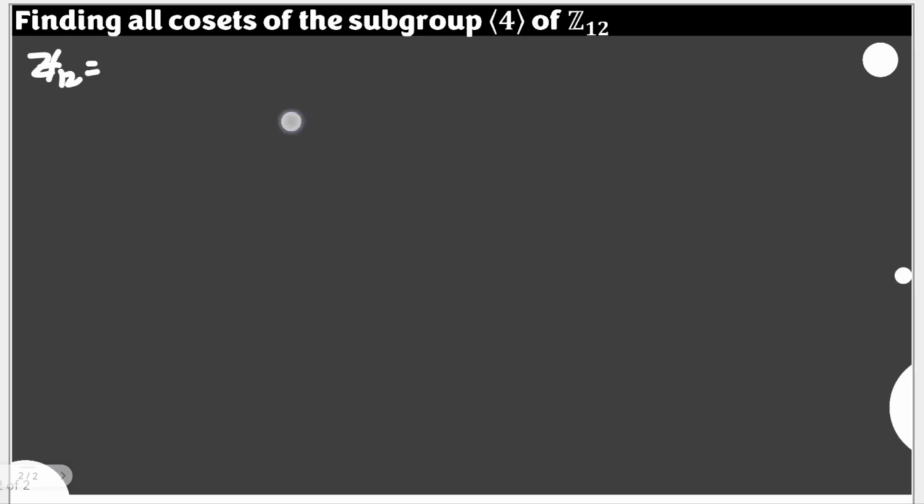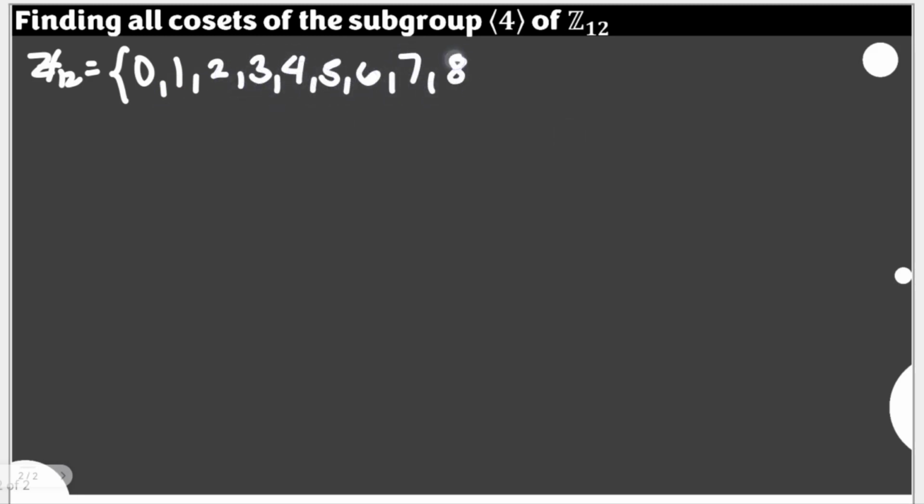If we have 0, that means it divides the integer entirely by 12, hence there's no remainder. The next are 1, 2, 3, 4, 5, 6, 7, 8, 9, 10, and 11. We don't have 12 because when we divide 12 by 12 it has no remainder, hence we already have 0.